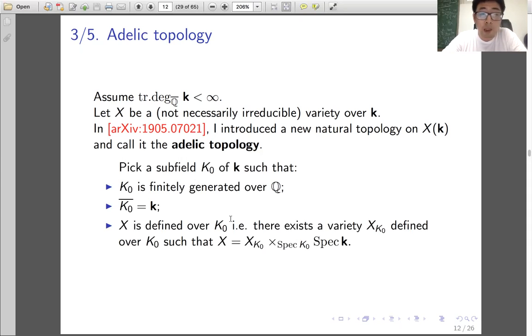We first pick a subfield K_0 of K such that K_0 is finitely generated over Q, its algebraic closure equals K, and X is defined over K_0. It means that there is a variety X_{K_0} over K_0 such that X is just the base change of X_{K_0} by K. We fix this subfield, but we will show in the end that the adelic topology does not depend on the choice of this base field K_0.